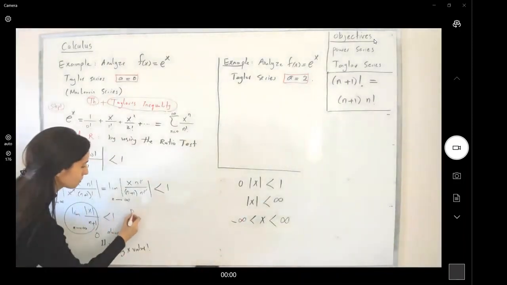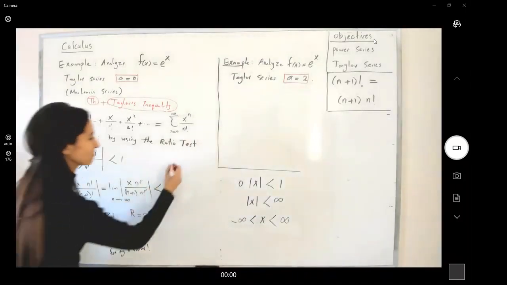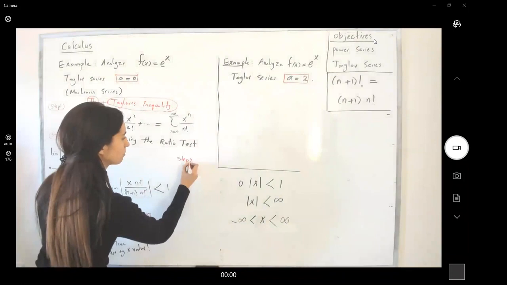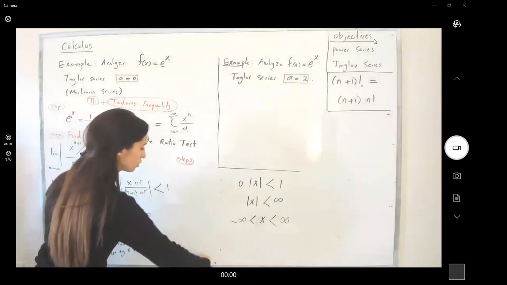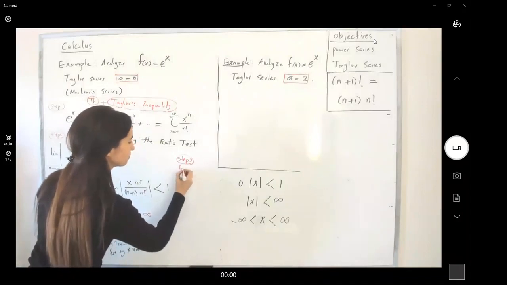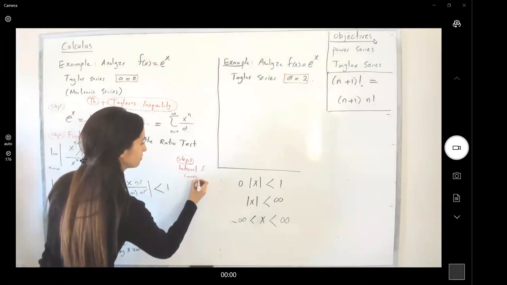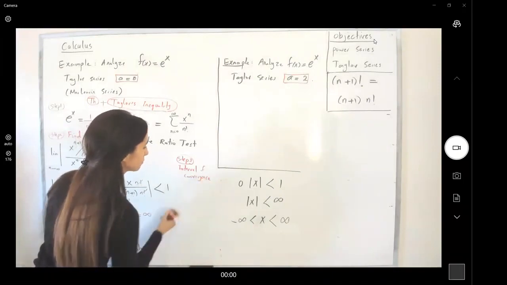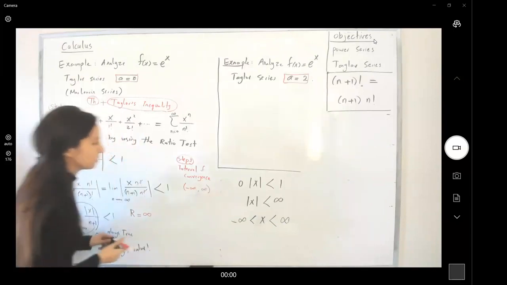So R is equal to infinity, and step 3, which is the radius of convergence, and then the interval of convergence. This is negative infinity to positive infinity.